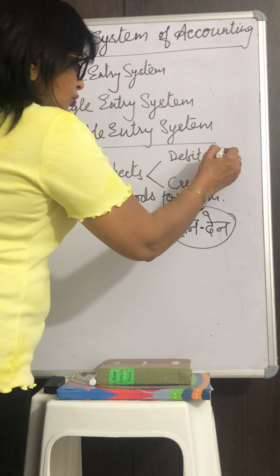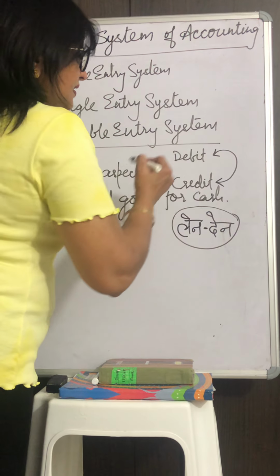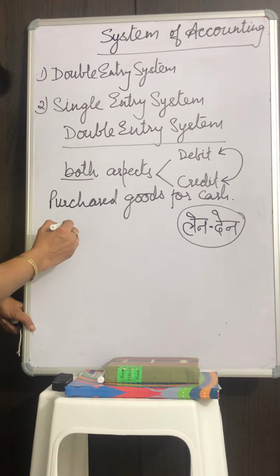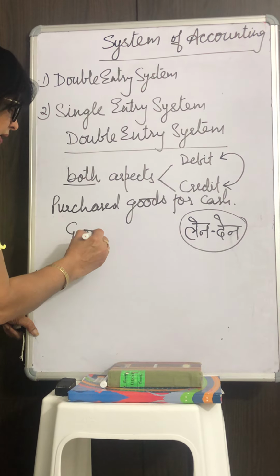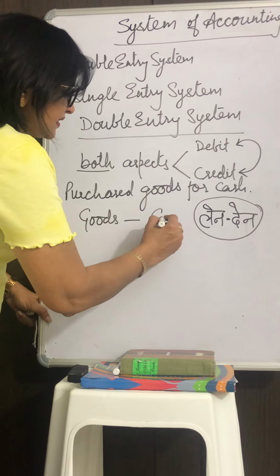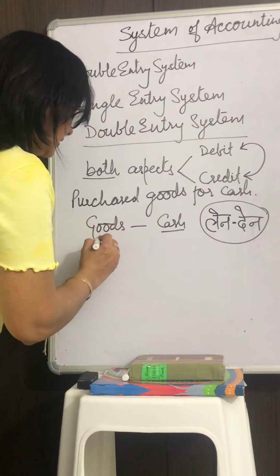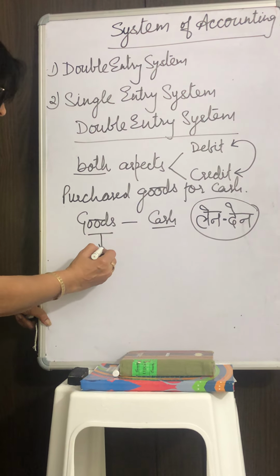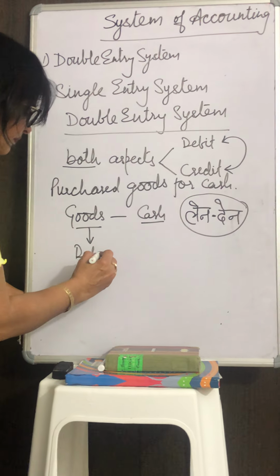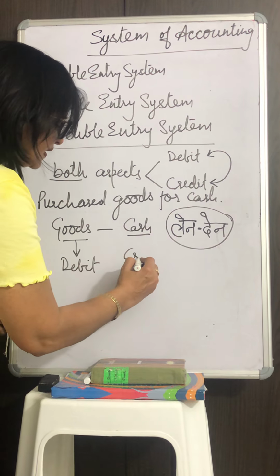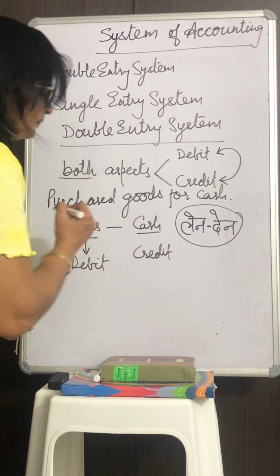It means there are two aspects of this transaction. Two things, one is goods and other cash is involved in this transaction. One aspect will be debited over here and the other aspect will be credited over here.